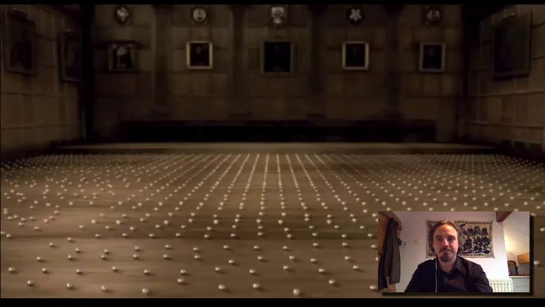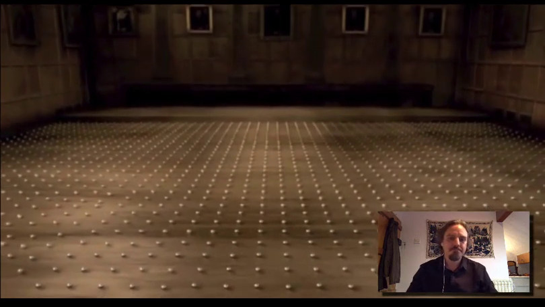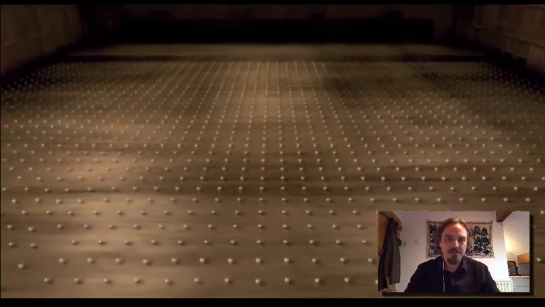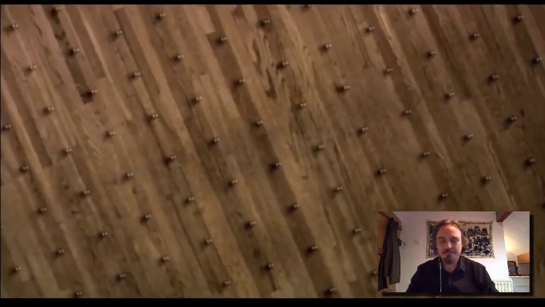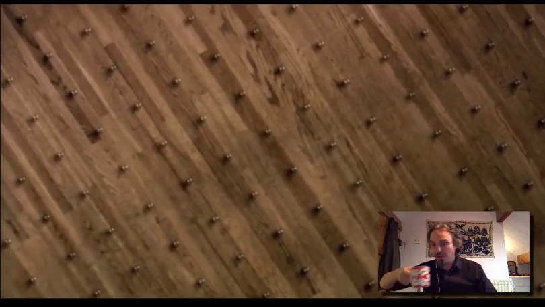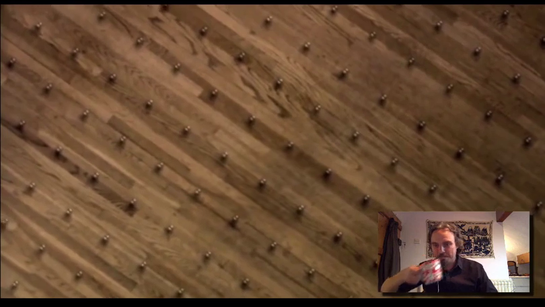Here's where luck comes in. If they're all the same distance apart, gravity pulls each ball the same amount in all directions. They stay perfectly aligned and precisely nothing happens.